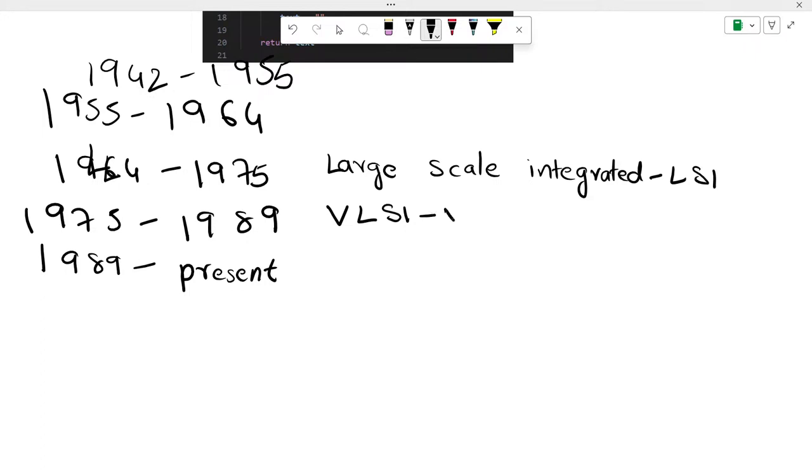VLSI means very large scale integrated circuits. In the fifth generation, the present generation, we are using ULSI technology, which is nothing but ultra large scale integrated circuits.